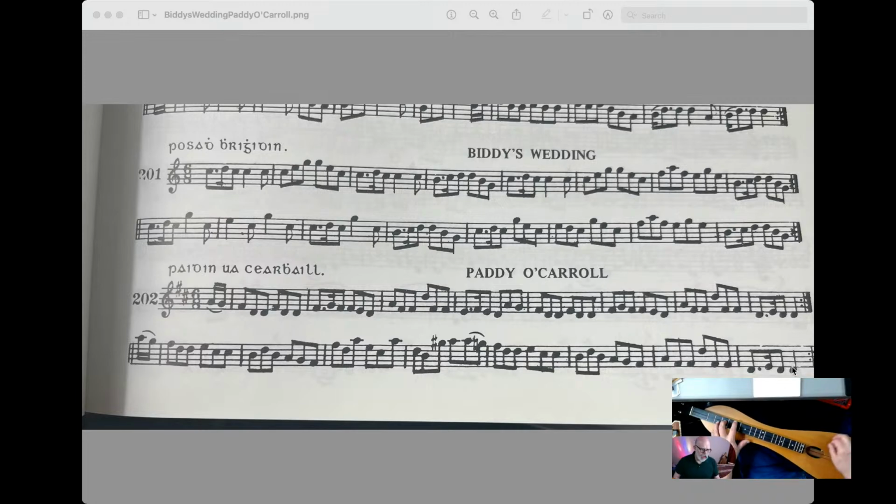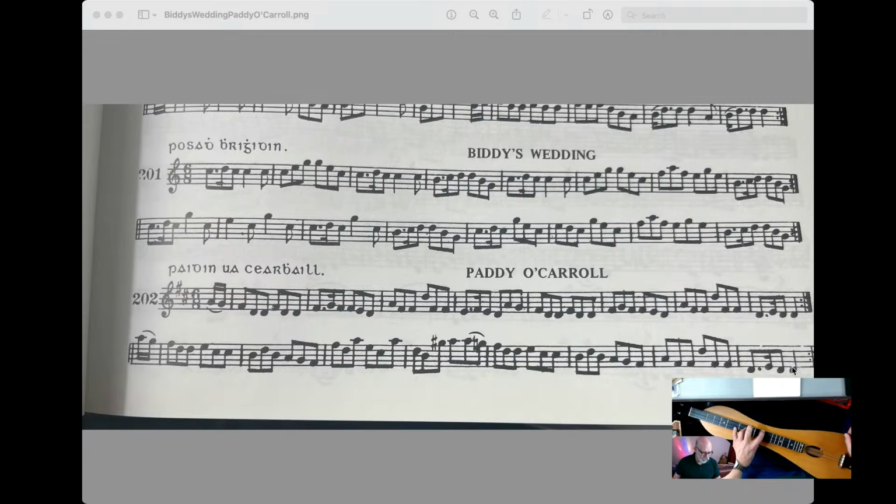So it goes to the A chord in measure 1, 2, 3, 4. So a lot of D in that first part. And then the B part higher. And this is what's happening here.